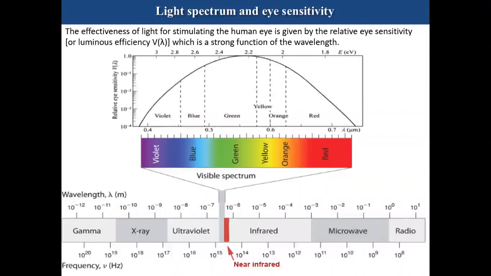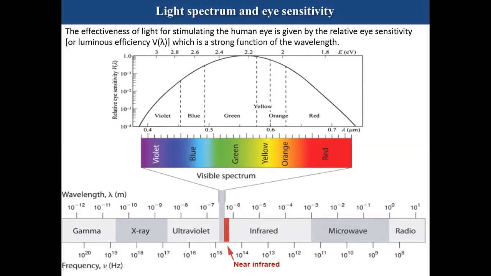Now, let's try to understand that we don't really see the whole spectrum of the light. So if you consider the whole spectrum of electromagnetic radiation, then there is only this much, which is the visible spectrum, which has these 7 colors.